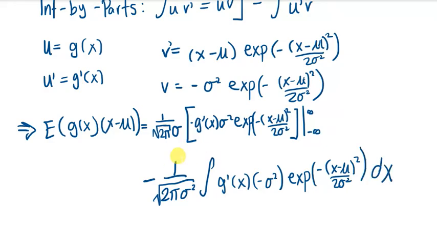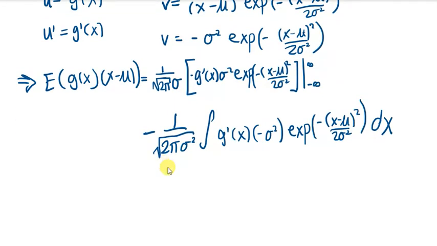Now this first term actually goes to 0, not infinity, because we have this infinity, and e to the negative infinity ends up being 0.